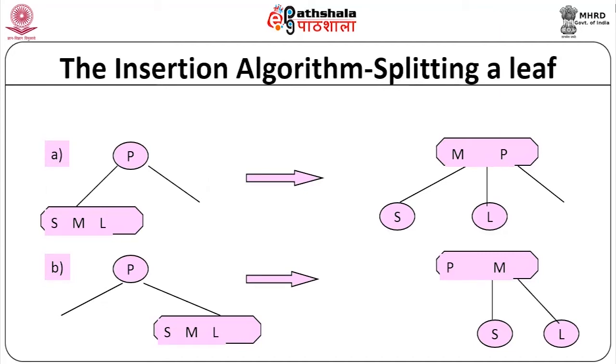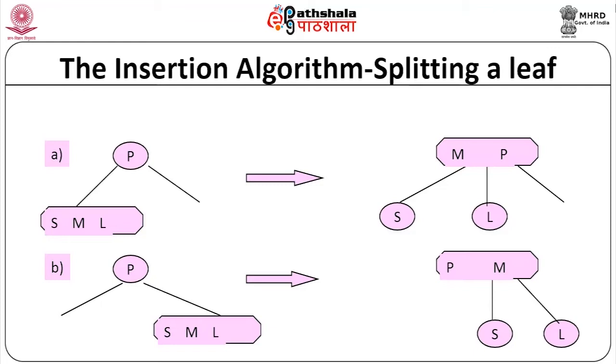So, the first case is you have S, M, L, that is you have got 3 items after the insertion, and this is the left child of the parent, and the parent has only 2 children. Then what you do, you take S on one side, L on one side, and whatever child the parent had remains there, and M goes up, no violation of property, done.